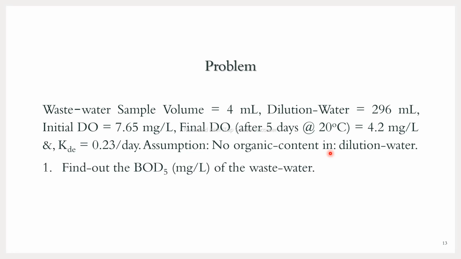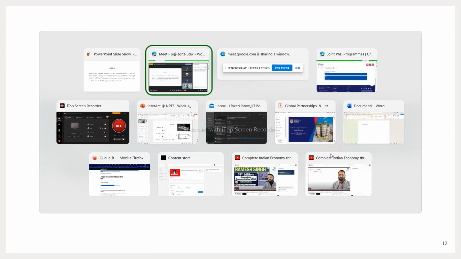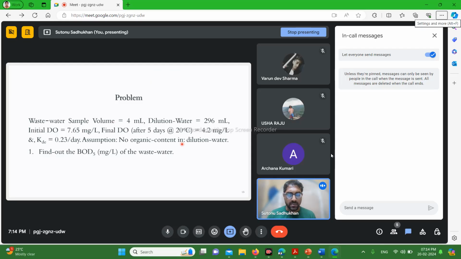Now the statement is, first you have to find out the BOD5 in milligram per liter of the wastewater. I hope you know the formula of the BOD5. We just showed that in the picture. Please calculate and type your answer in the chat box. I will give you 5 minutes.